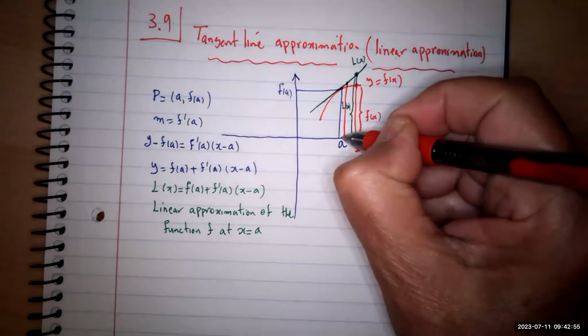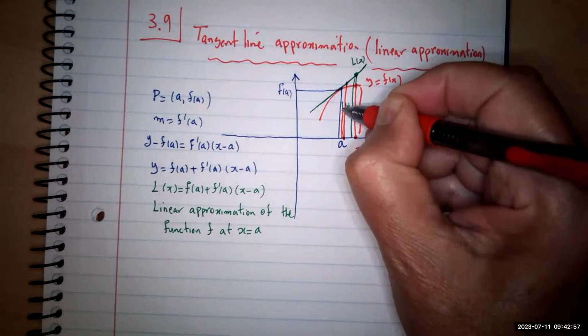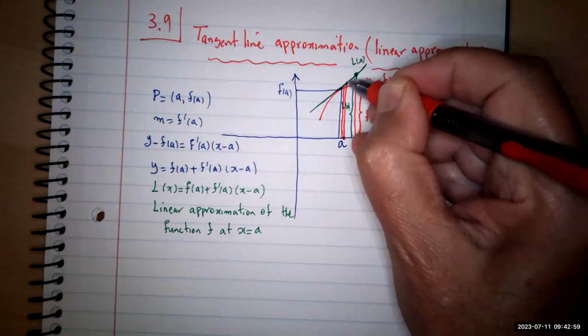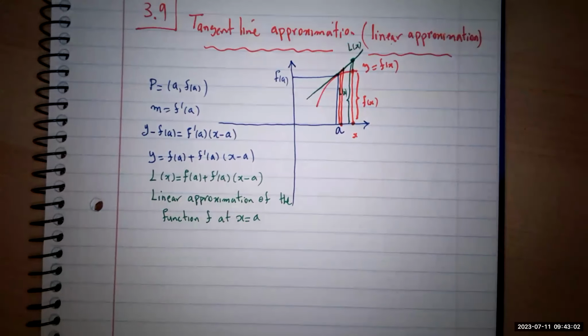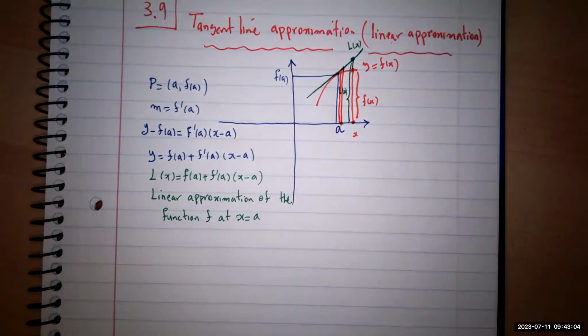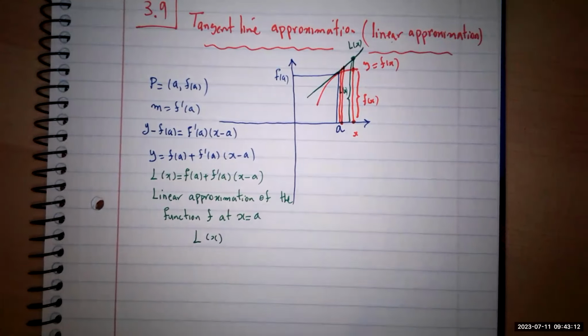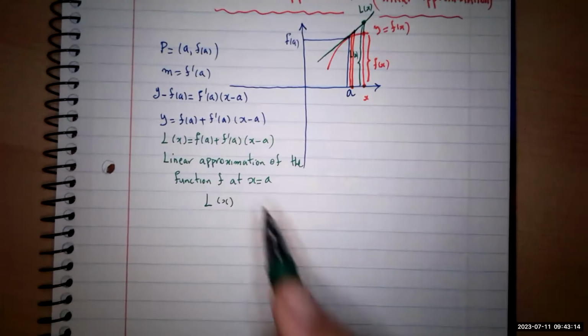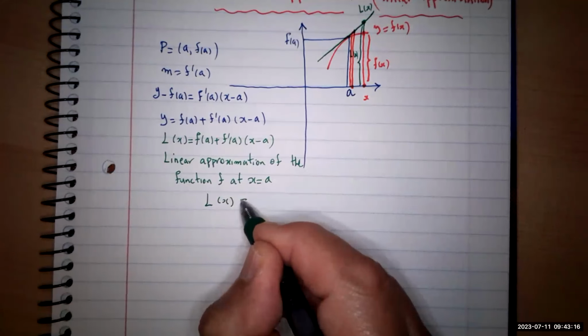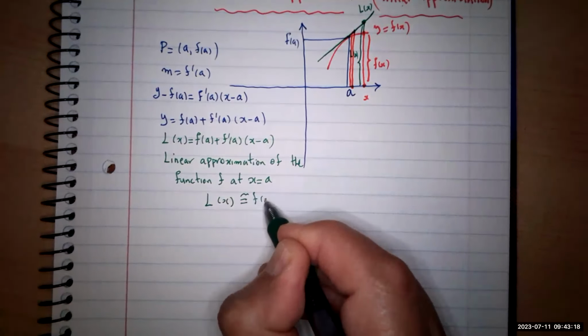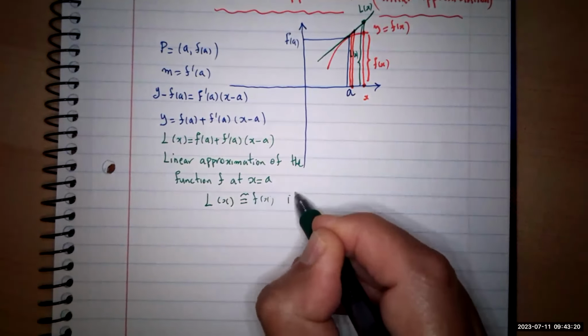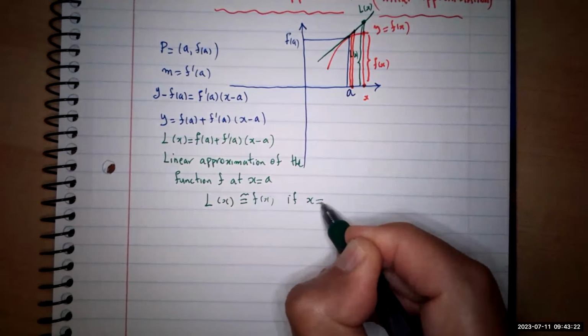If you bring it here, they are exactly or almost the same thing. So the idea is that if you write the equation of a tangent line and you find this linearization, L of x would be almost like the value of the function, but with the condition that x is close to a.